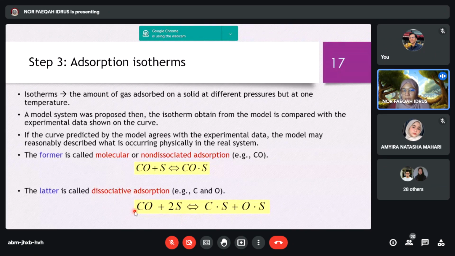If the CO adsorbs as atom C and atom O, it will require two active sites. That's why CO plus 2S here, a reversible reaction to produce C.S plus O.S. Because C will adsorb on one active site, and O adsorbs on a different active site. That's why it requires 2S.